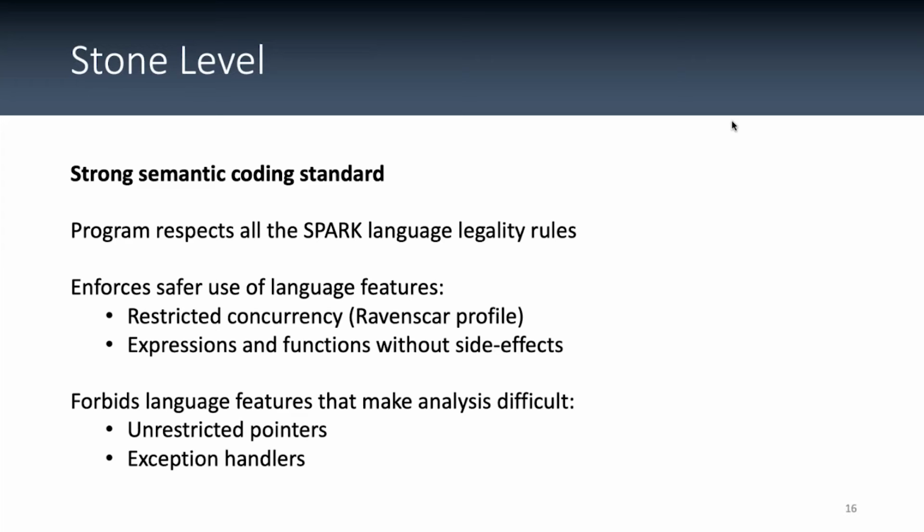It enforces safe use of the language, that is, concurrency is restricted. That's what we call the Ravenscar profile in Ada. And expressions and functions have no side effects. Procedures can, but not functions which compute a result. That in particular forbids language features that make formal verification impossible, like unrestricted pointers and exception handlers.